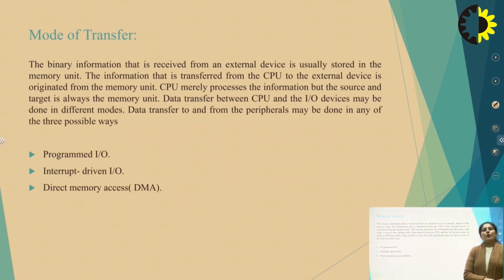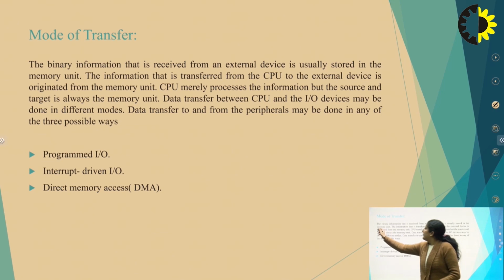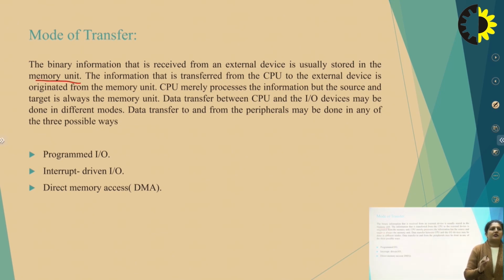So what is mode of transfer? The binary information that is received from an external device is usually stored in the memory unit. As we know, for the communication between the CPU and the external devices, whatever we read or write, we have to store or fetch the data, so we need a memory unit.